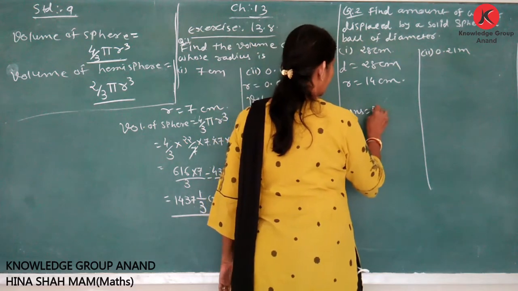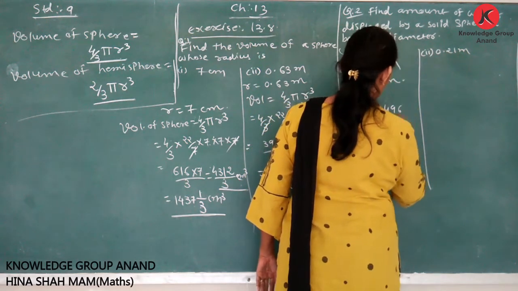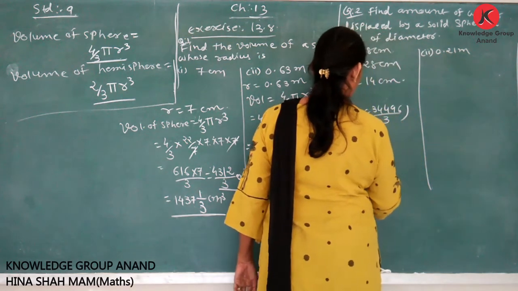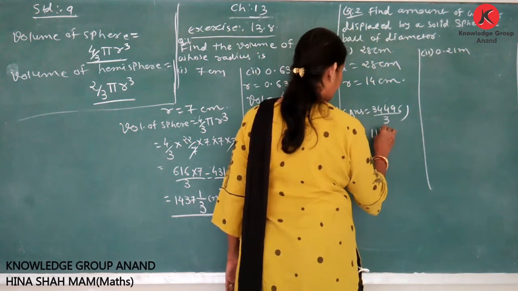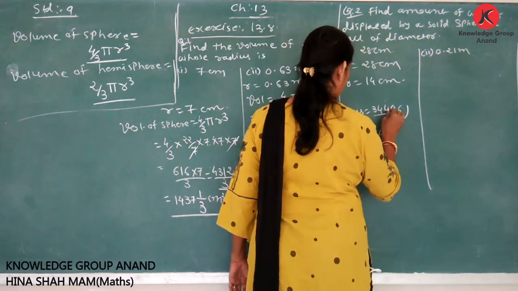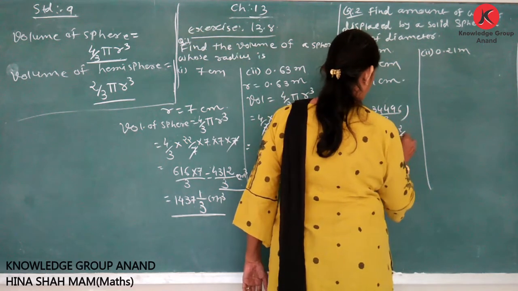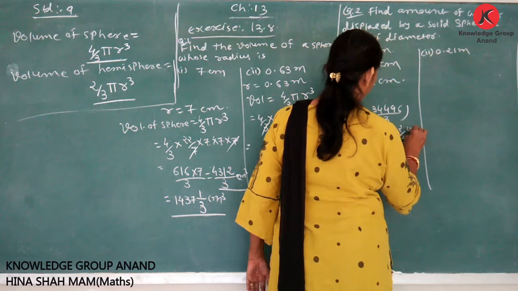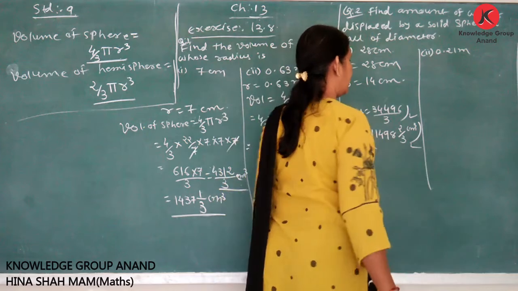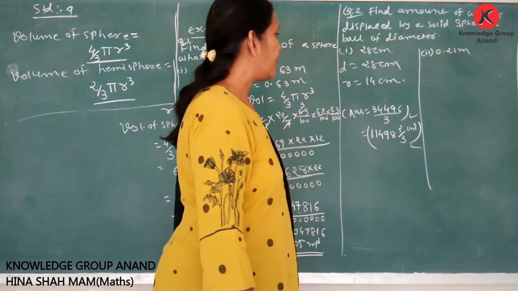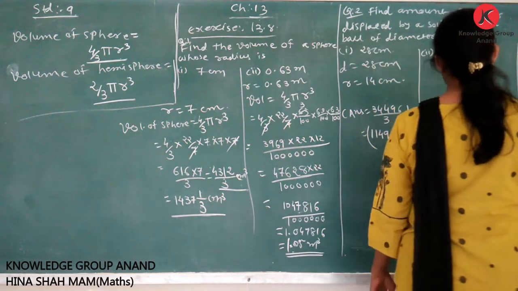Answer is 3449.6 upon 3. This is also right and this is converted to 1149 8 upon integer 2 upon 3.